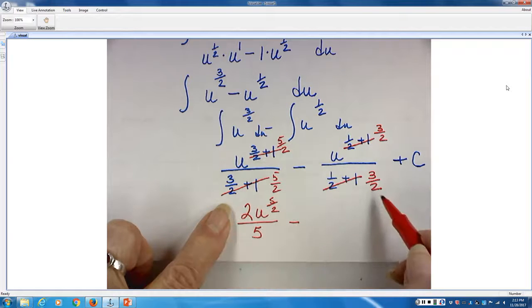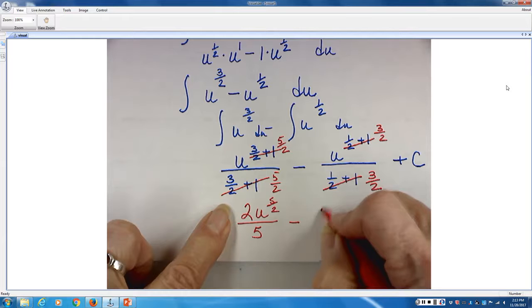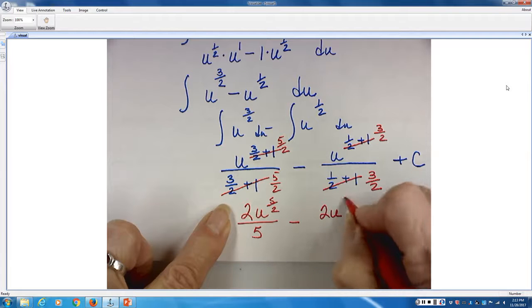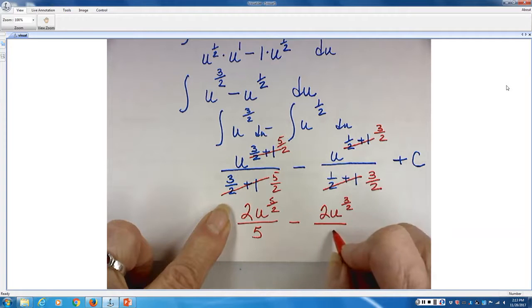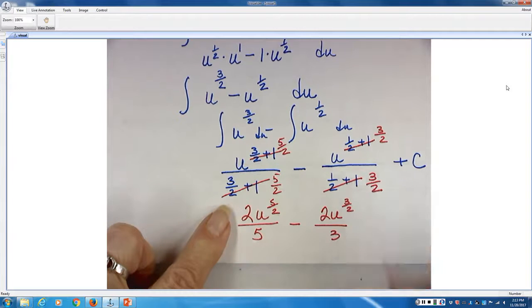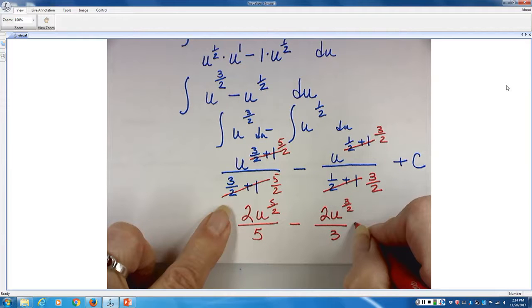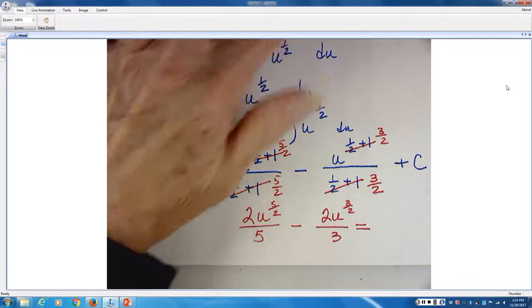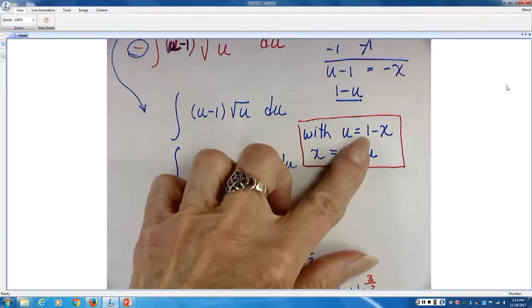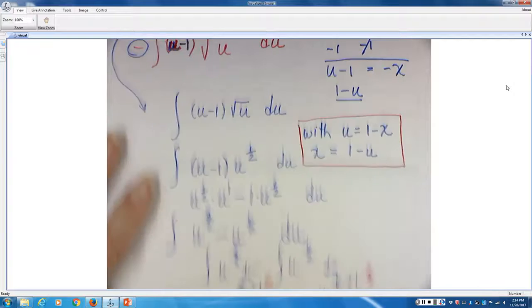And instead of dividing by 3/2, we're going to multiply by 2/3. And then at the end, we're just simply going to put back in our u substitution. So our u, from way back up here, u is 1 minus x.